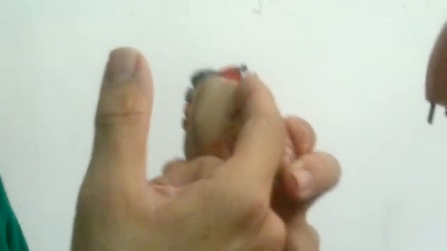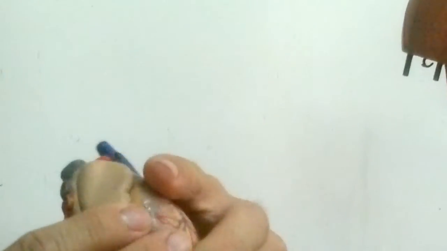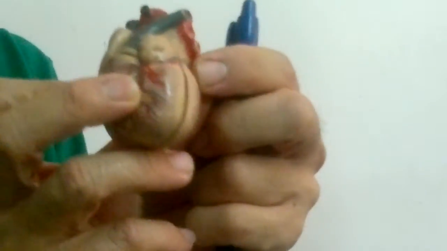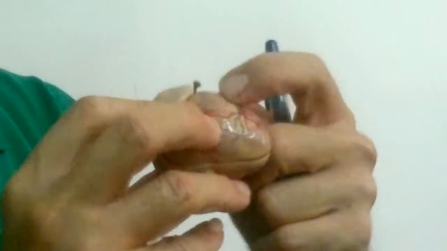So going towards the right, this is the right one. Going further posteriorly, we call that now your right coronary artery. And this one at the left, going there, we call that now your left coronary artery.